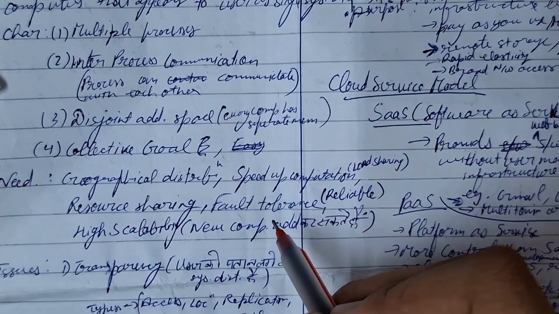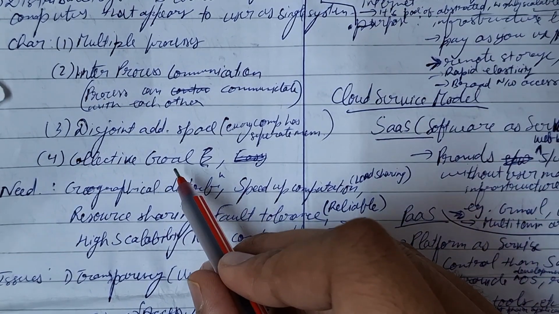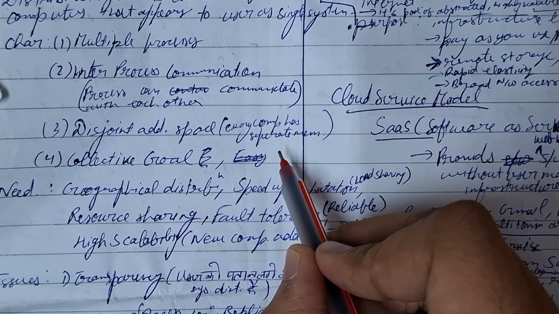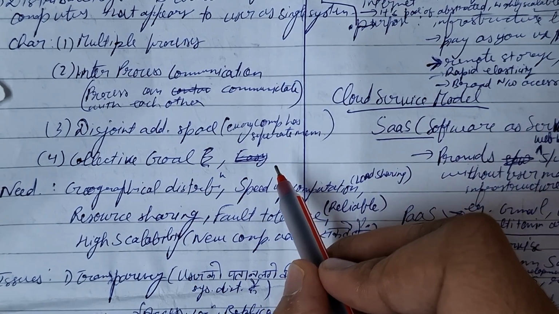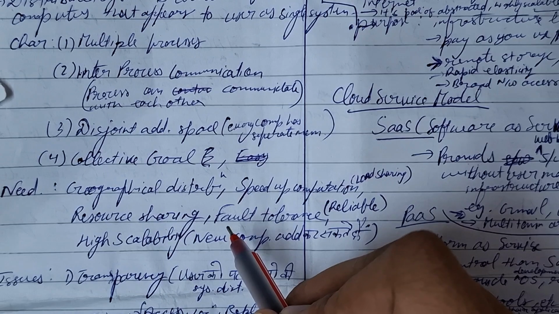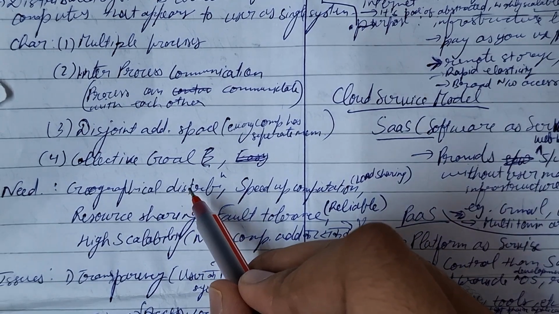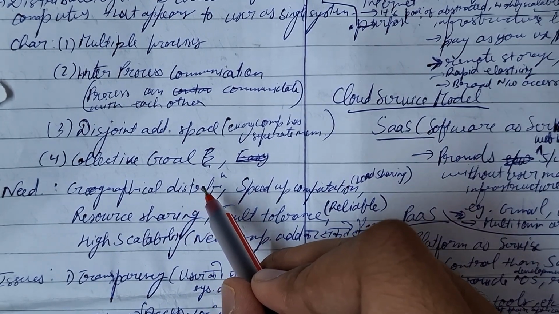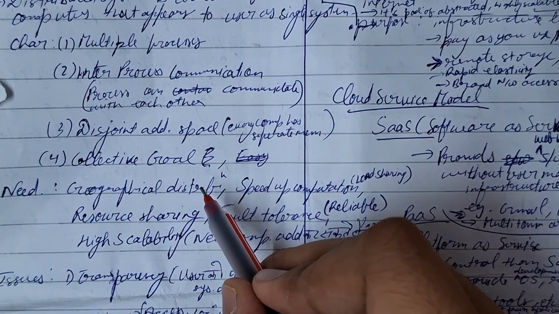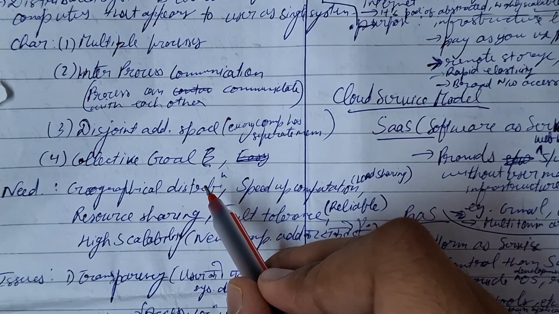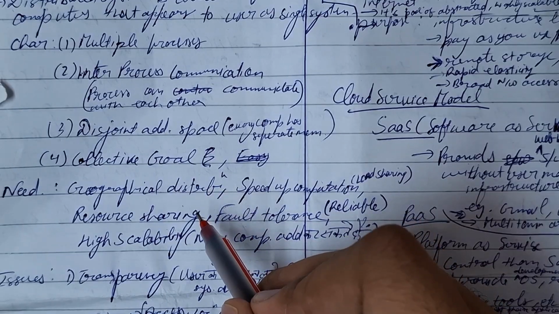Another characteristic of the distributed system is disjoint address space, where every computer we are using has its own separate memory. And one of the most important characteristics is the collective goal, where we are trying to perform a task by distributing it on multiple computers. So we are trying to achieve a collective goal.